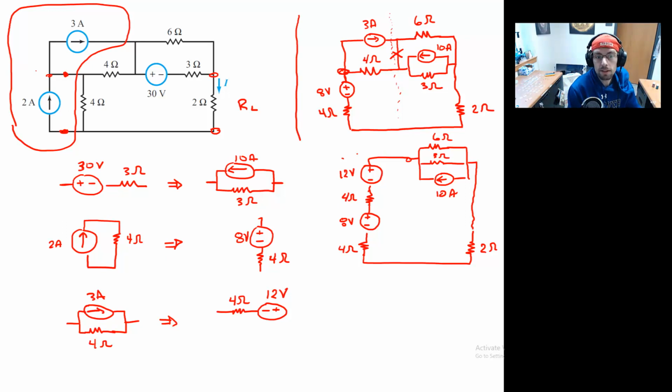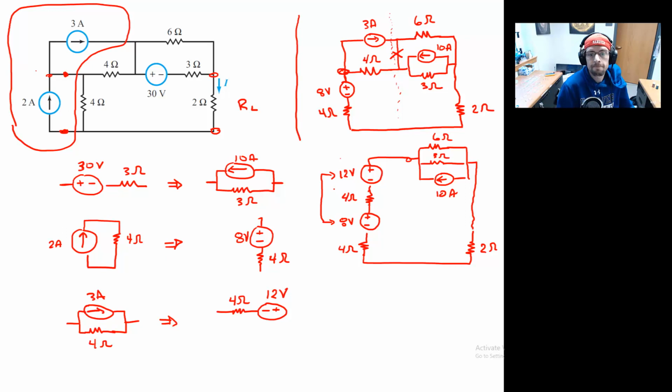What this means is that now we have a couple of potential supplies that are in series, namely the 8 volt and the 12 volt. And that we know how to deal with very easily. We can add those together.